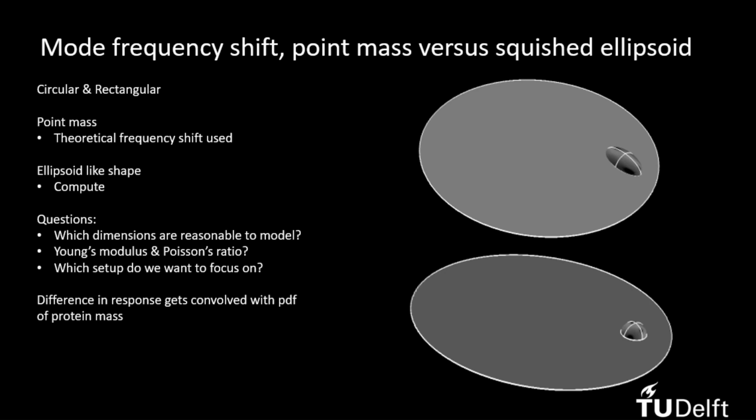Now, when it comes to Peter, I would actually like to discuss together with Sherman which setup is most likely to be used for proteomics in the future, such that I can actually make an accurate model of that. I also need to still find some good estimations of the Young's modulus and Poisson ratio of proteins. I have been able to find good estimations of the density.